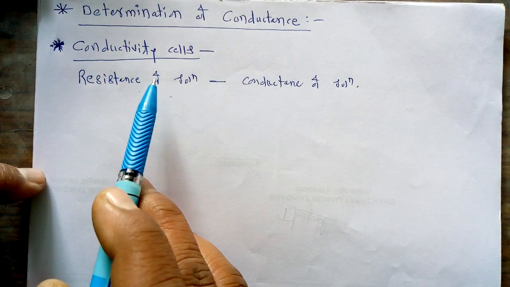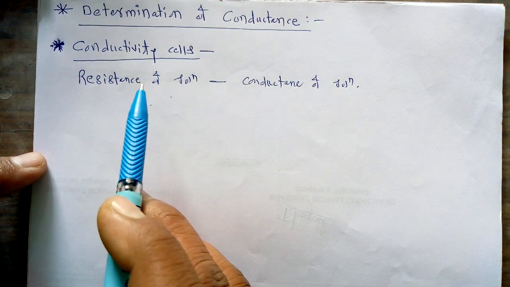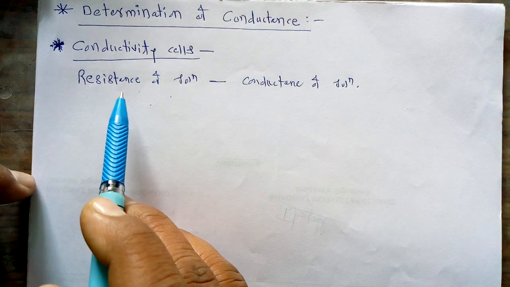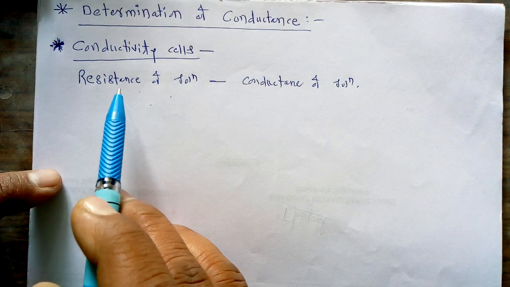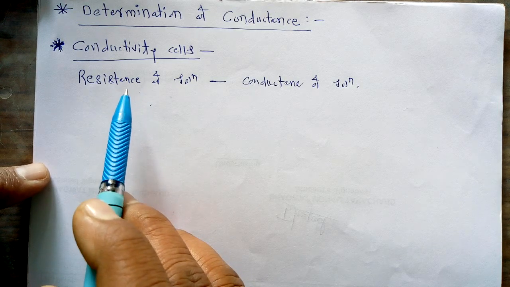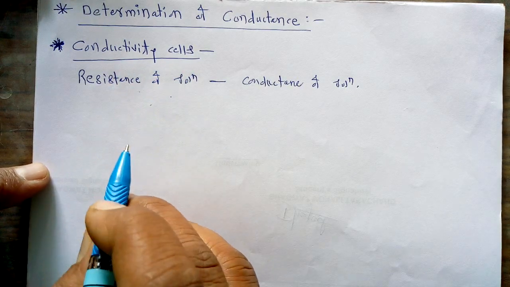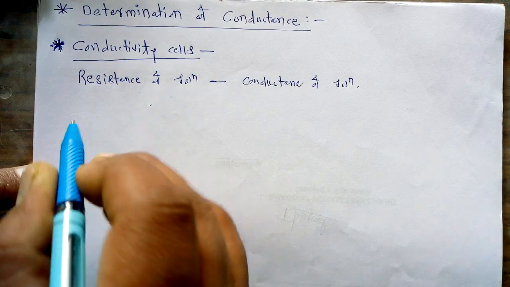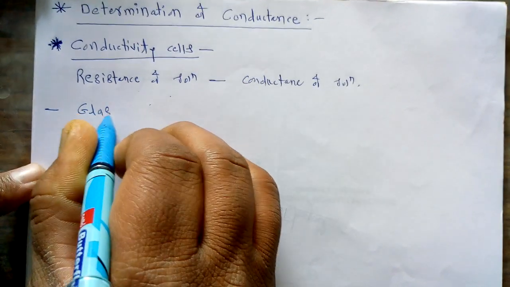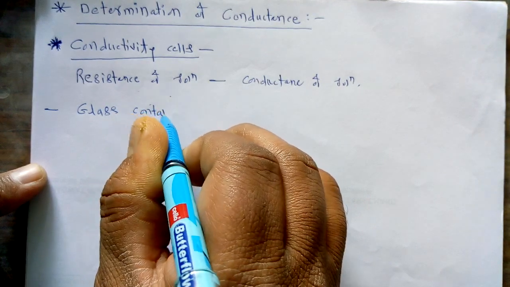Now the question arises: what is meant by this conductivity cell, what is its representation, and what are the different types of these cells? Basically, this conductivity cell is nothing but a glass container.